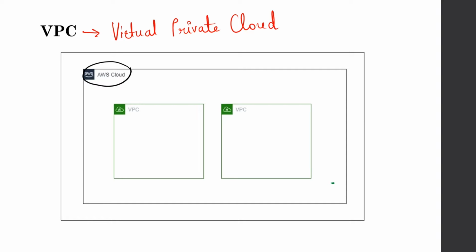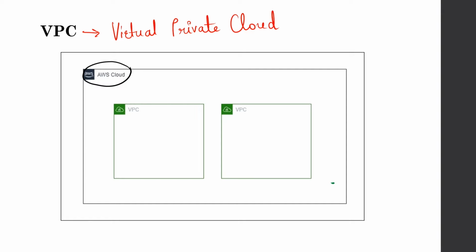Now, this AWS cloud has got a wide range of networks made available for you to use, right? But if you are going to create a particular project with specific requirements in it, you can't directly go and create anything you want in the AWS cloud.